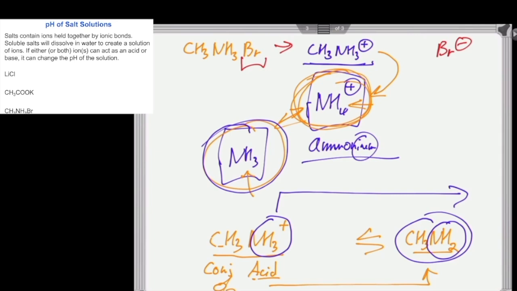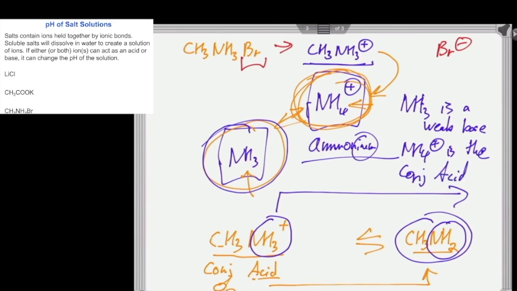Yeah, that is a weak base. So looking back at the first pair, NH3 is a weak base, meaning NH4+ is the conjugate acid of that weak base.